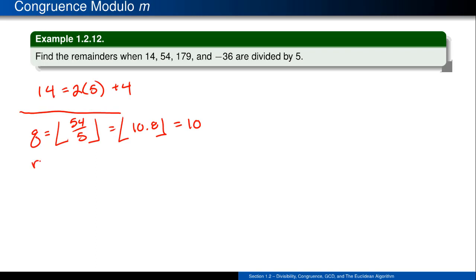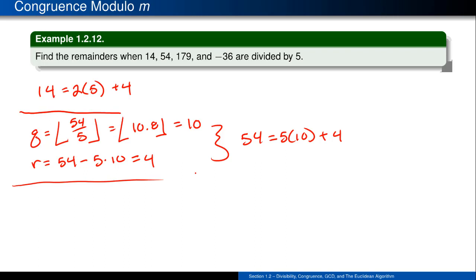So my remainder r is going to be that original number of 54 minus what I'm dividing by, 5, times that 10. So 54 minus 5 times 10 gives an answer of 4. Maybe you saw that right from the beginning, but that's okay. The idea is that 54 is 5 times 10 with a remainder of 4.